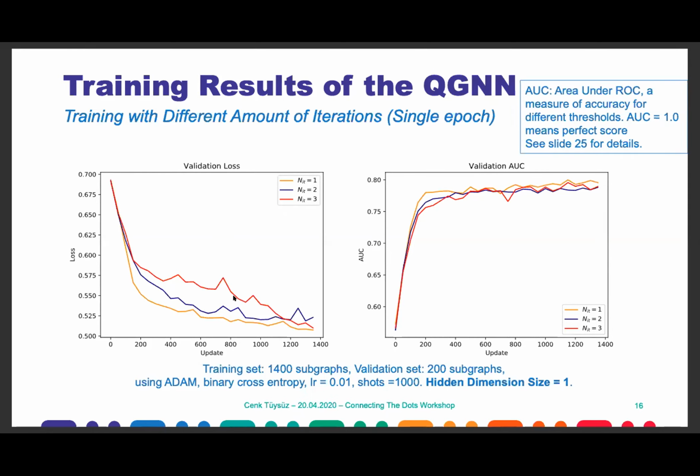But since our network is pretty simple and only uses a hidden dimension of 1, this is not the case. The network with the least complexity is performing better here, but this should be inverted when we have a more complicated network.